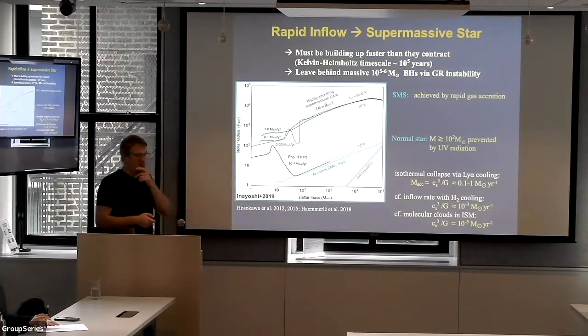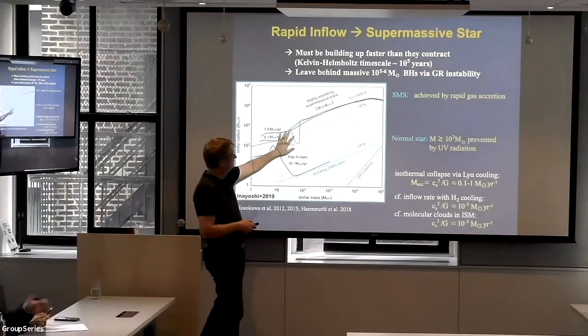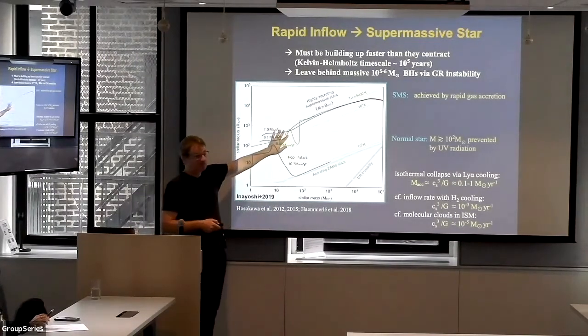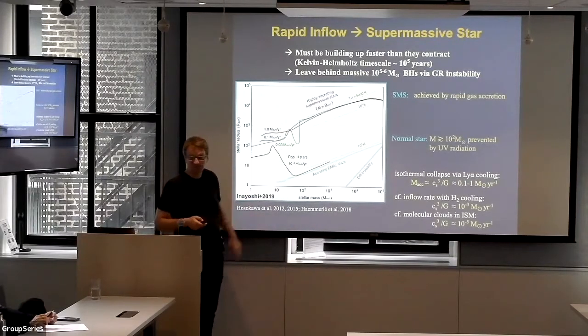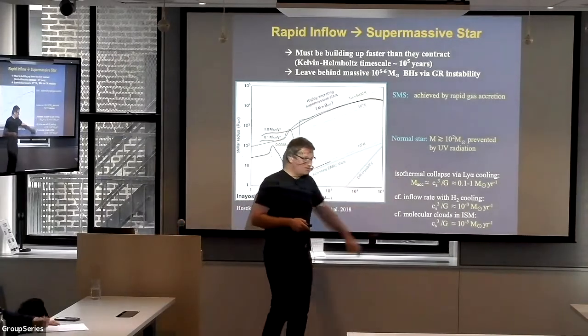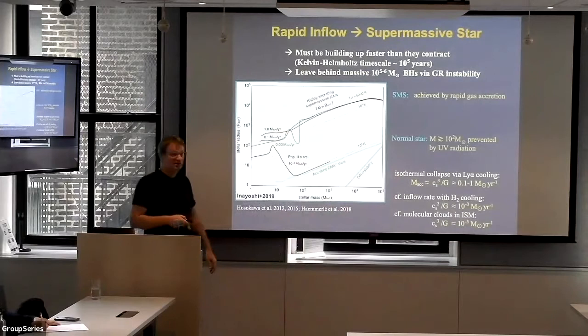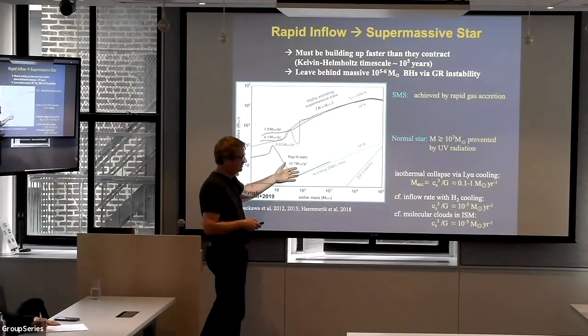I just want to ask something even more basic, actually, which is, well, okay, so this is very interesting. If you have such high accretion rates, you can form very large black holes, essentially within 100,000 years, so instantly. And the characteristic accretion rate actually depends on the sound speed of the gas that's around this protostar.